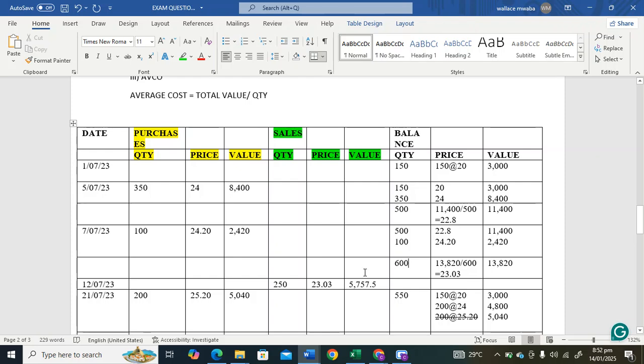All right. We had 600 goods, we sold 250, so remaining with 600 minus 250, 350. 350 goods valued at 23.03. So 350 times 23.03, 8,060.5.